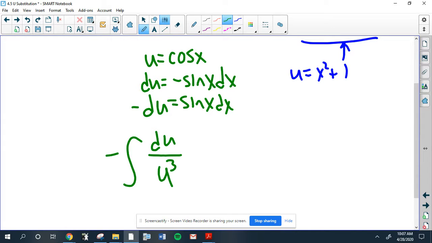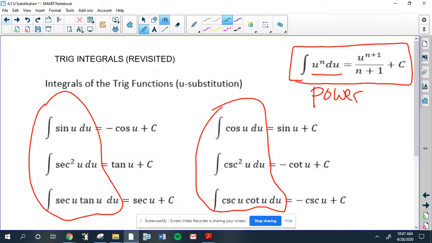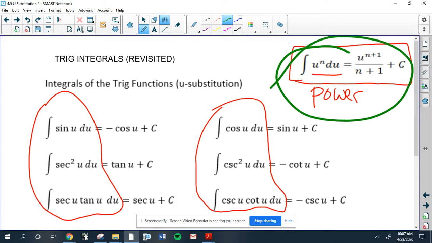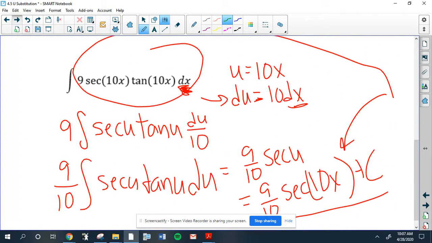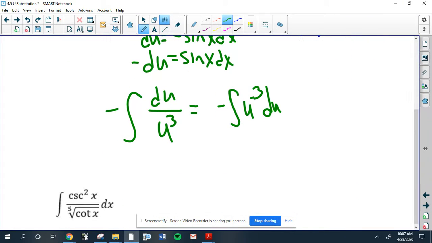We still can't integrate this, remember, but we can rewrite it. And now it fits the exact power. Now we can do this. So the integral of u to the negative 3 is, add 1, u to the negative 2, times negative 1/2, times a negative.